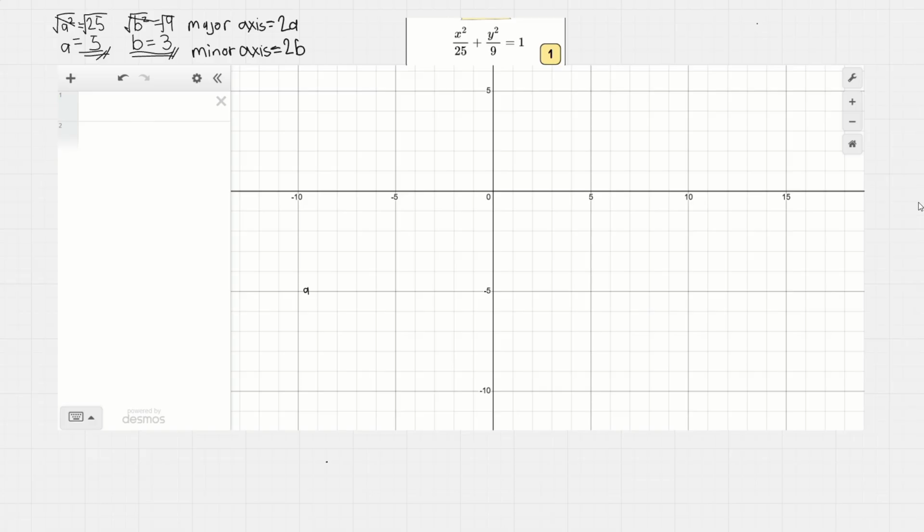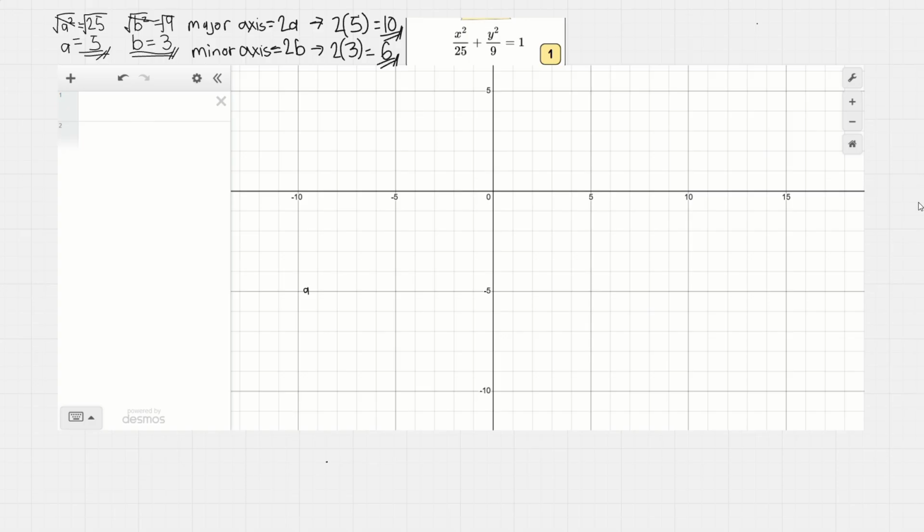Therefore, let's substitute each. 2 times our a value, 5, so our major axis will be 10. Now, let's go to our minor axis. We have 2, and our b is 3. So 2 times 3 equals 6. So our minor axis is 6.